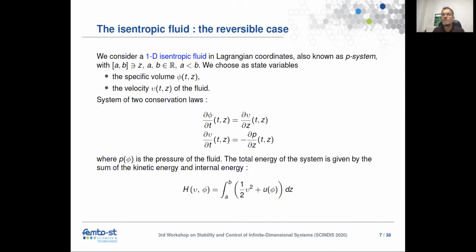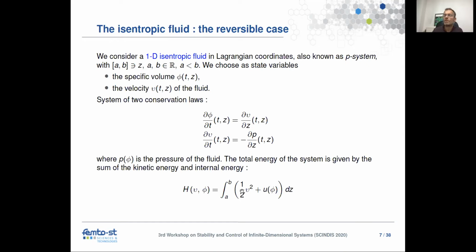If I write these two conservation laws, then the time derivative of the volume is associated to the variation in space of the velocity, and the variation of velocity is associated with the variation of pressure. And the total energy of the system is the sum of the kinetic energy and the internal energy of the fluid that is, in this case, expressed from V and phi.